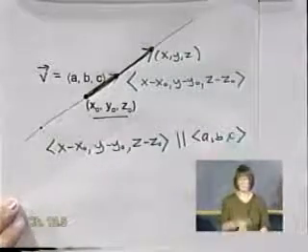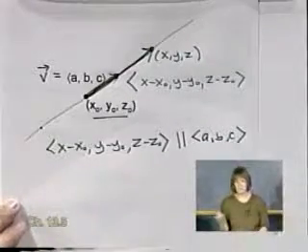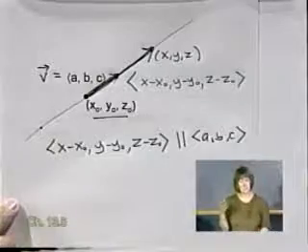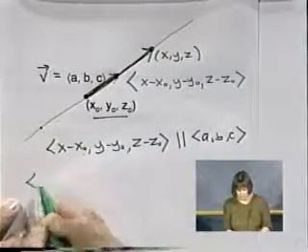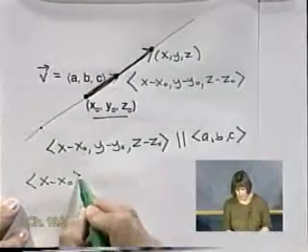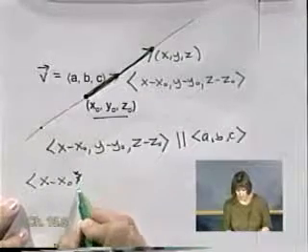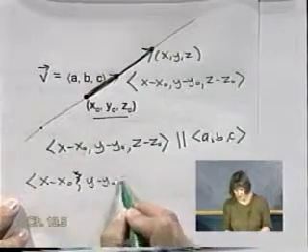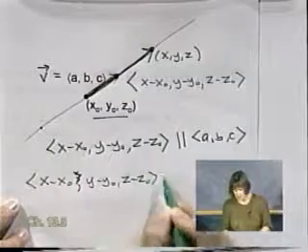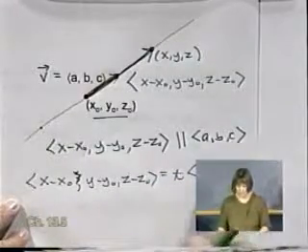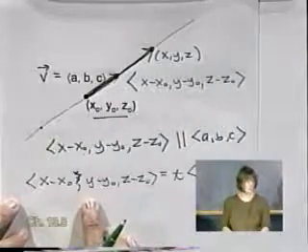I could represent the scalar as k or c, but for some strange reason, most Calc 3 books represent it as t. So if I multiply vector a, b, c by that scalar, this vector is equal to that vector.